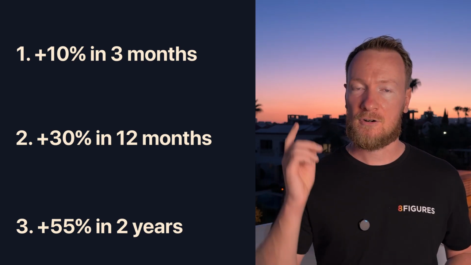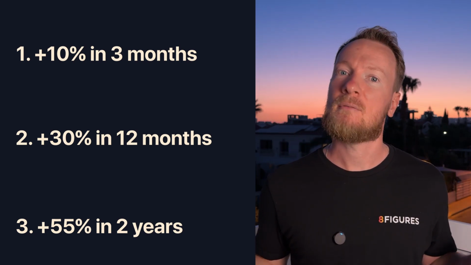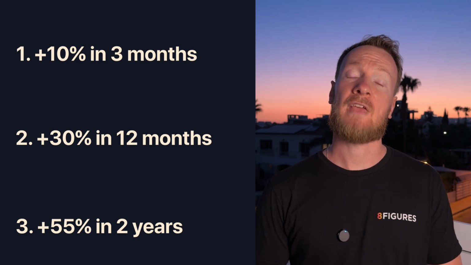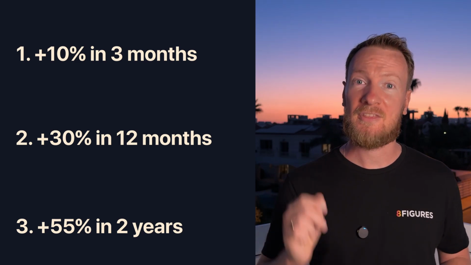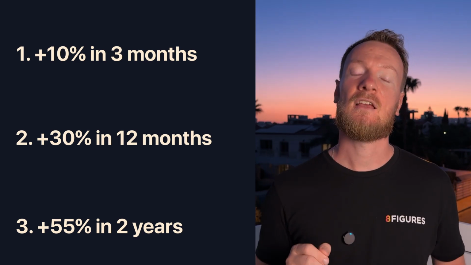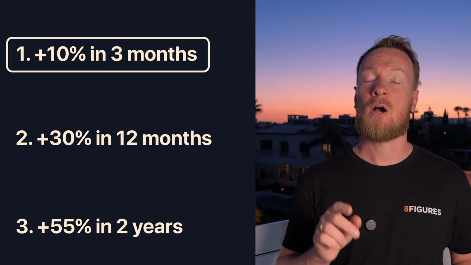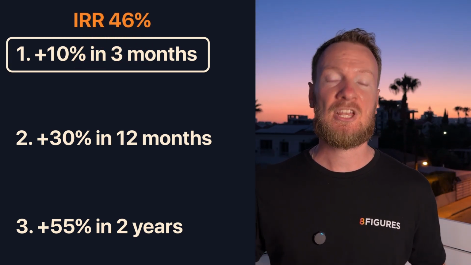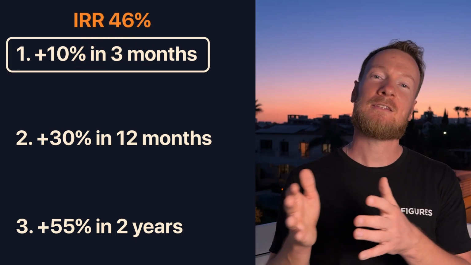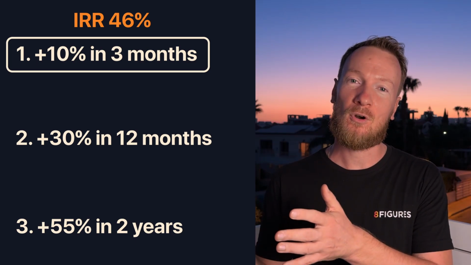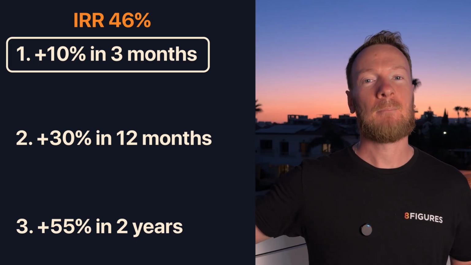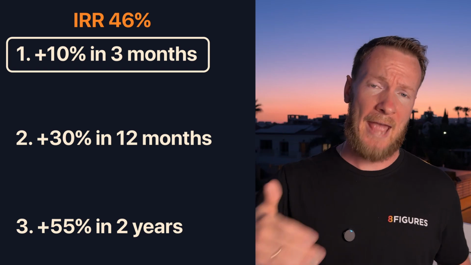Well, the first stock, 10%, may be the smallest in terms of the absolute amount of return, but the IRR actually is the highest. For this stock, the IRR would be 46% because of the compounding. You do not simply multiply 10 by 4, but rather there is some compounding that is responsible for an extra 6%.